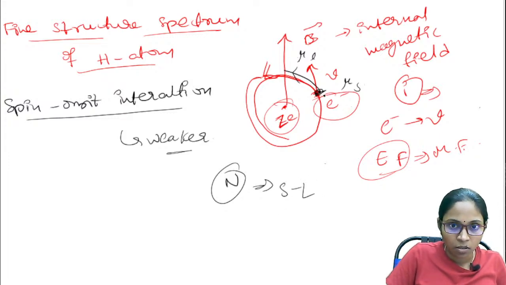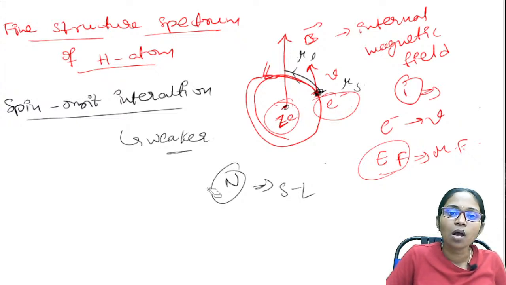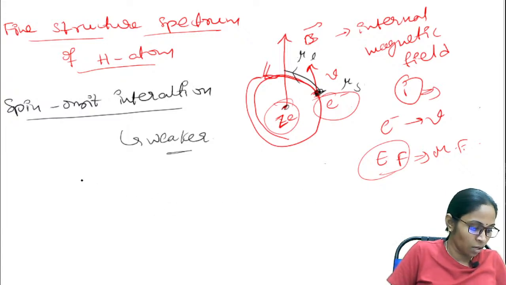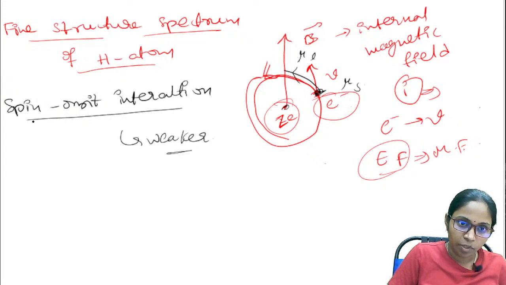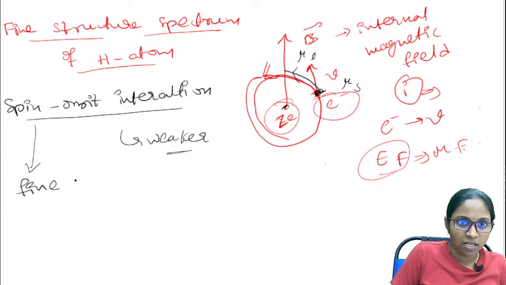Because a single electron can generate a weaker magnetic field, but if you have n number of electrons, the motion of those electrons will generate a strong magnetic field. The spin orbit interaction is responsible for the fine structure spectrum.